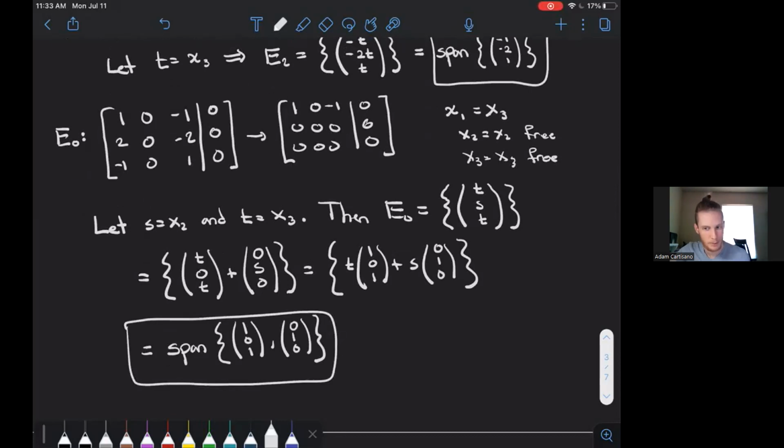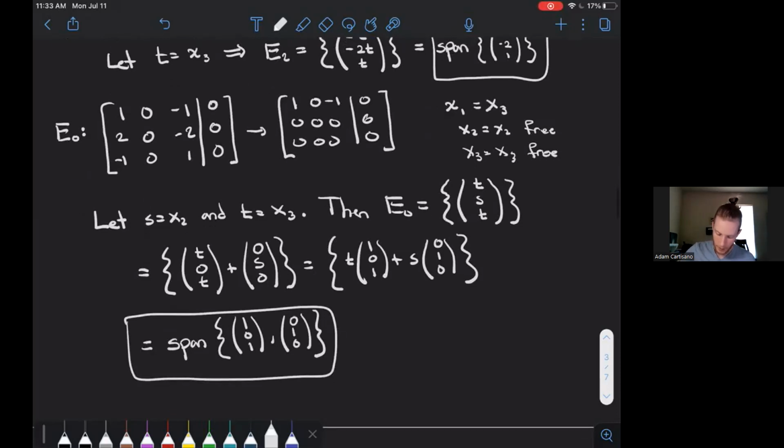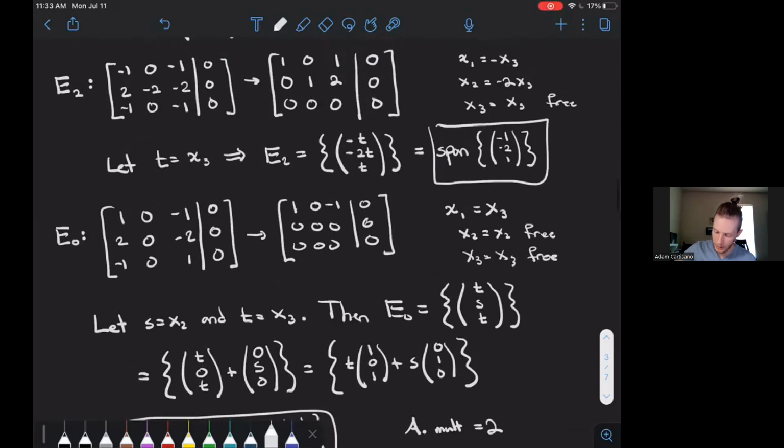Notice for the eigenvalue 0, the algebraic multiplicity is 2. Geometric multiplicity is also 2. Same for the other eigenvalue: algebraic multiplicity was 1, and the geometric multiplicity was also 1.